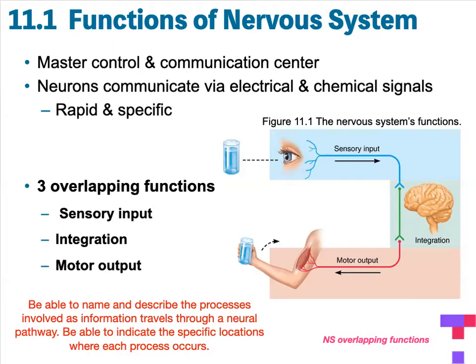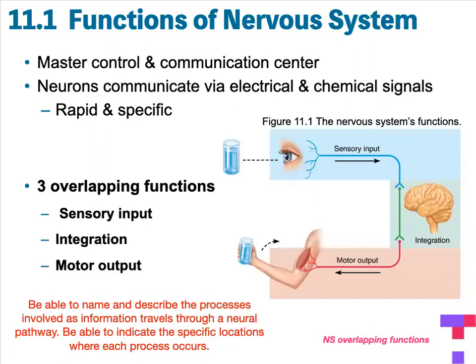So we begin this topic with a brief overview of the functions and organization of the nervous system. Then we focus on how neurons generate and propagate electrical signals. And then in one of the later lectures, we'll discuss how neurons work together.